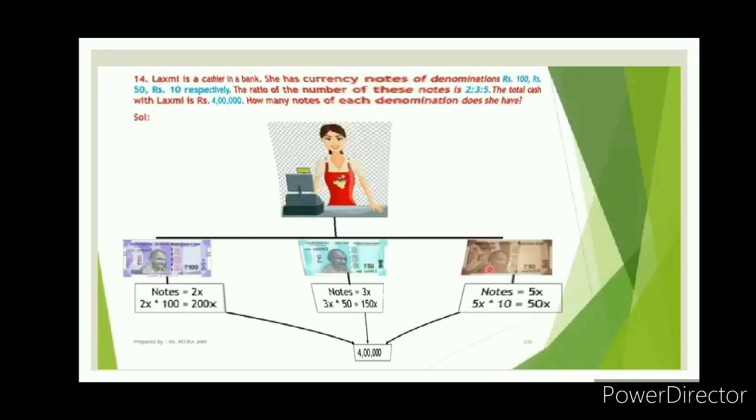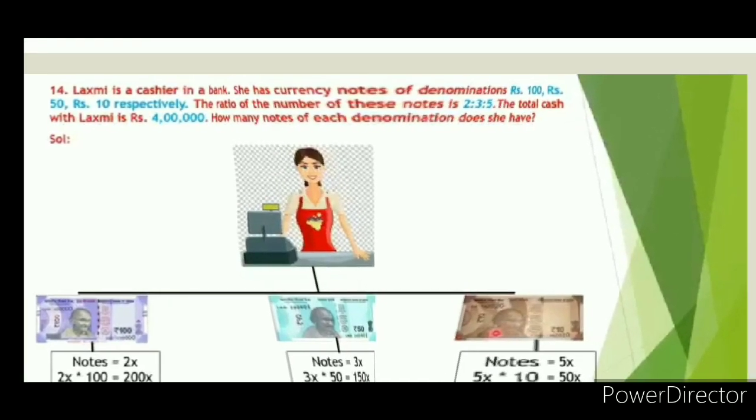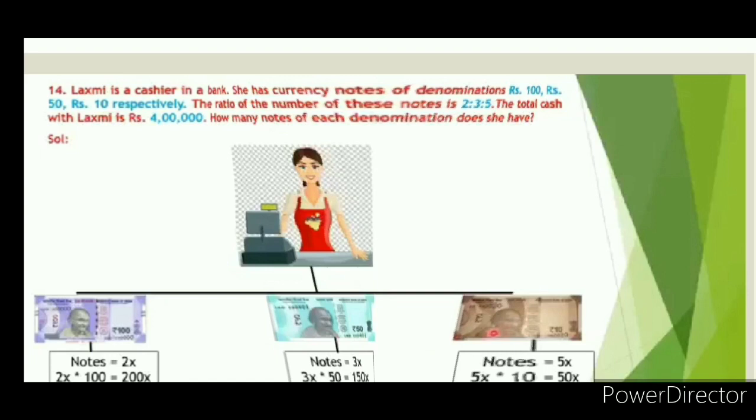The question is, Lakshmi is a cashier in a bank. She has currency notes of denominations rupees 100, rupees 50, rupees 10 respectively. The ratio of the number of these notes is 2:3:5. See, again you are getting a ratio.